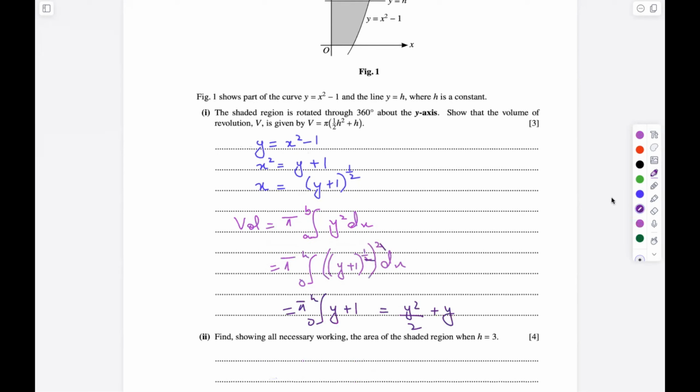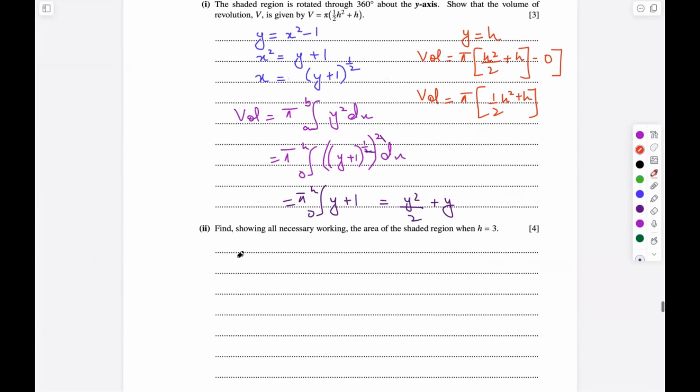Now substituting the limits, when we substitute y equals h, the volume will be pi, which is a constant, times h squared upon 2 plus h. And when we substitute y equals 0, this becomes 0 upon 2 plus 0, so that will be 0. So the volume will be equal to pi multiplied by (1 upon 2 h squared plus h), as we had to prove in the question.